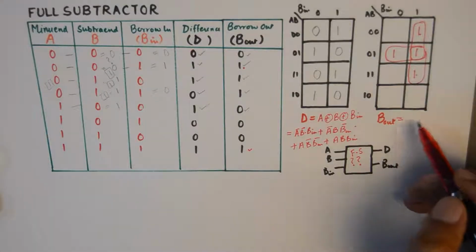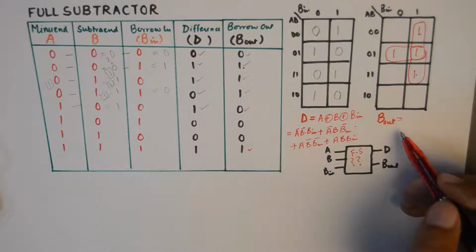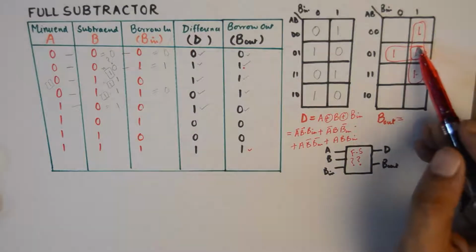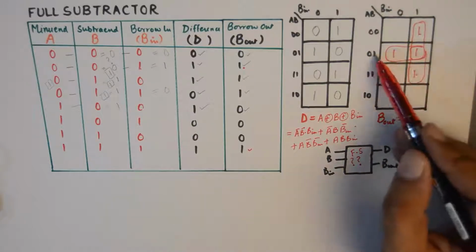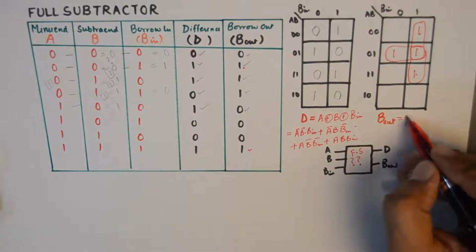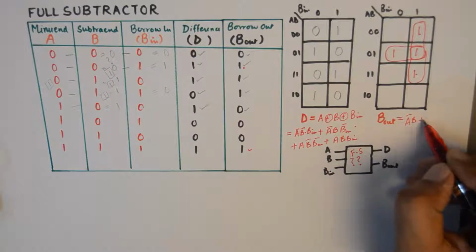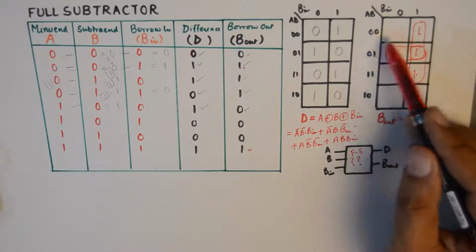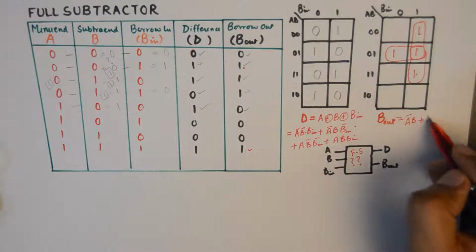when we solve this K map for borrow out, we'll get 3 product terms. Let us solve them. The first one will be A bar B. The second one will be A bar B in.